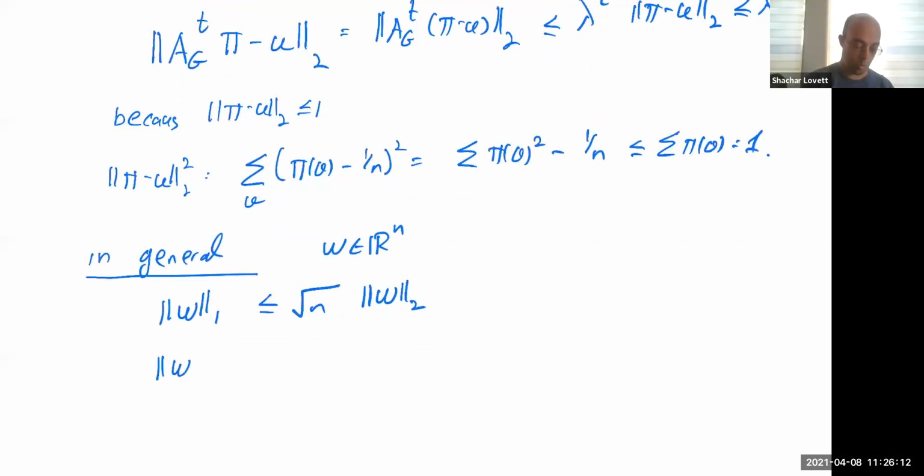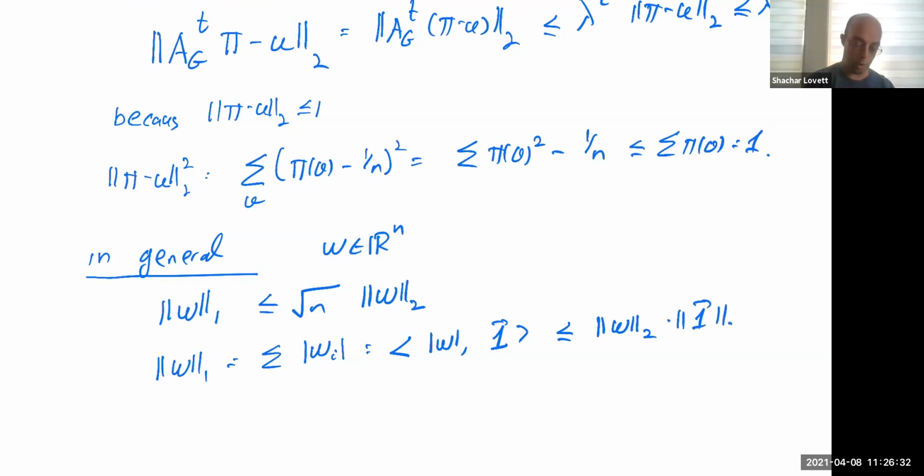The L1 norm is just the sum of the absolute values of W i. So it's the inner product of the absolute value vector of W with the all-ones vector. By Cauchy-Schwarz, this is smaller than the L2 norm of W times the L2 norm of the all-ones vector, which is root n.